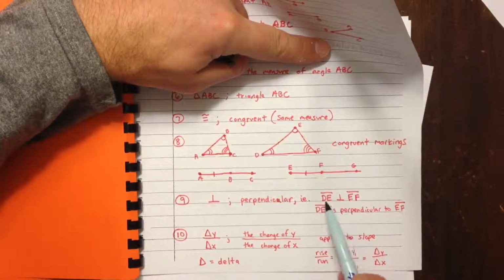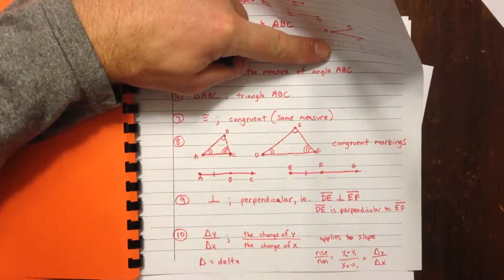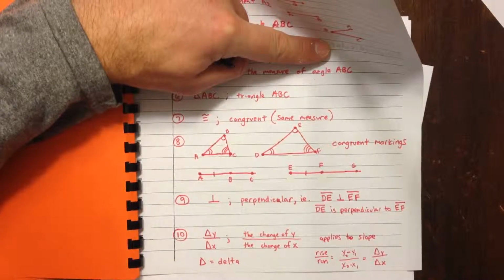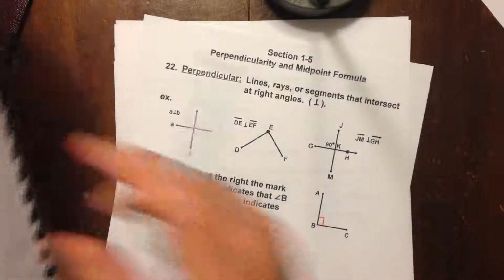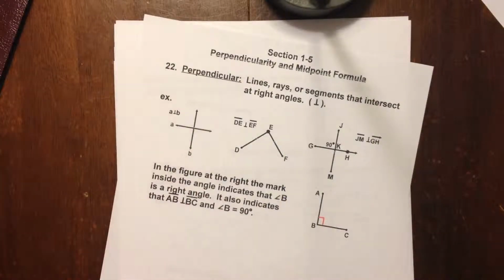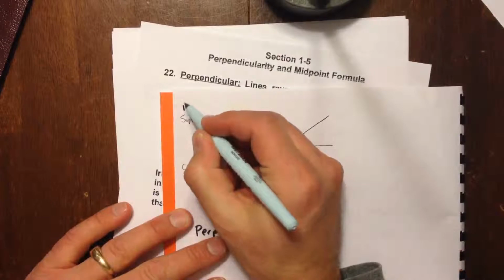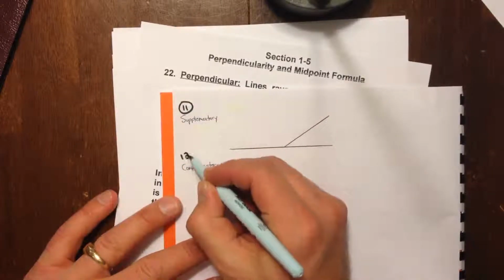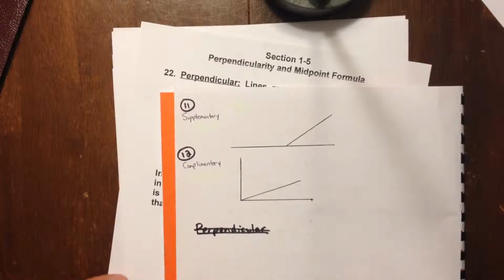And the way we write it is DE is perpendicular to EF. That's the symbol for perpendicular. Number 10, I wouldn't worry about yet. If you did write those down, that's going to be number 11, 12, and that was a repeat.